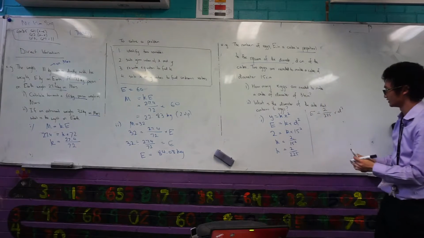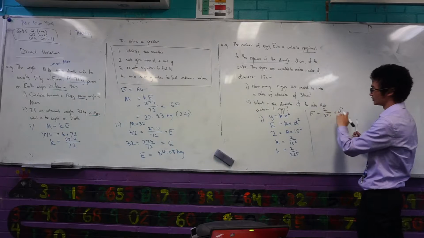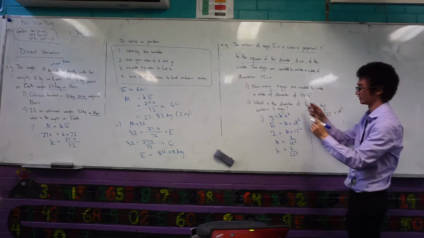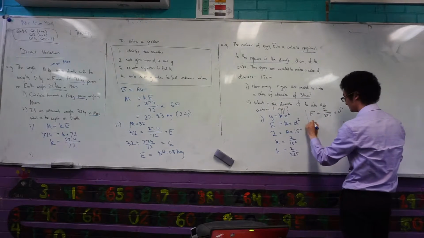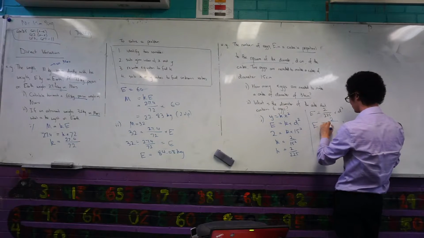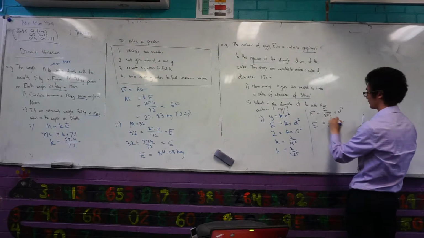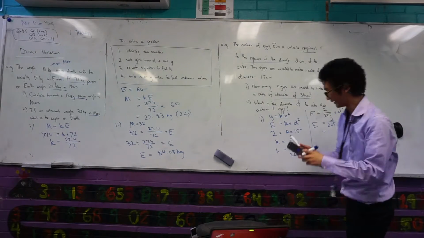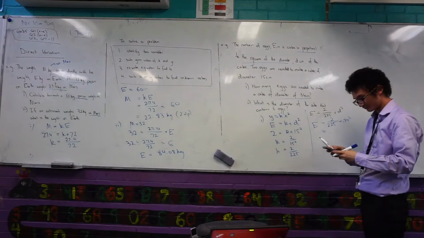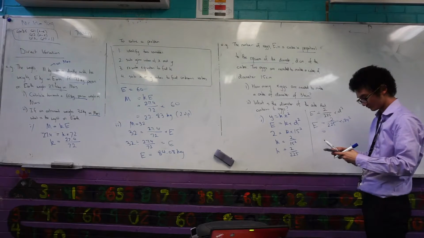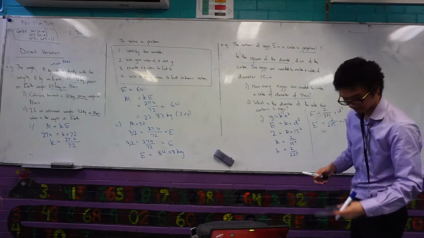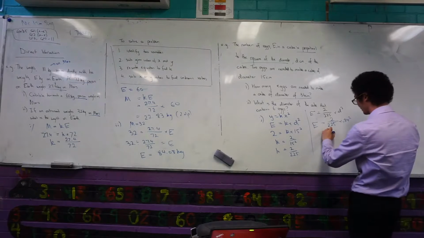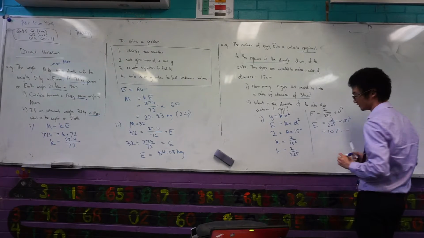Let's substitute in 34 as d. E is equal to 2 over 225 times 34 squared. When I put that into my calculator, I get a decimal value: 10.27 to 2 decimal places.